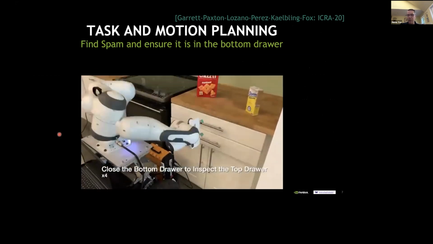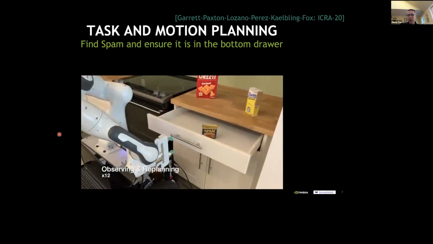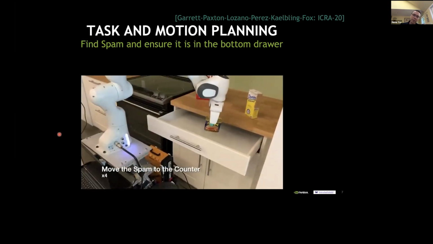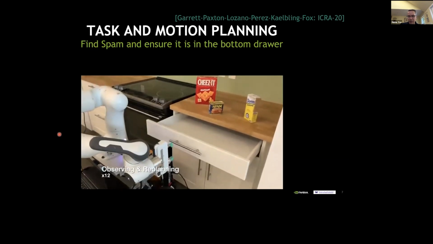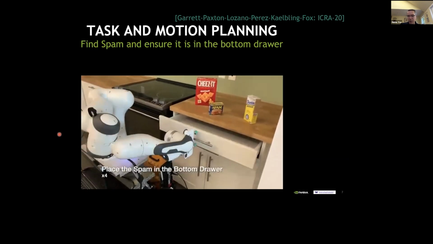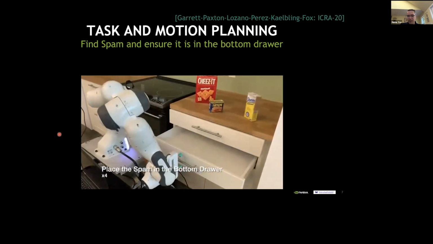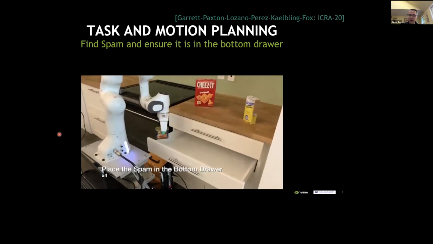And again, now with this good state estimation system, we can execute them in the real world pretty well. So the robot first opened the lower drawer, saw that there's no Spam box in there, now opened the upper one, gets the Spam out, closes it, and then puts it into the lower drawer. Okay, so these TAMP systems are extremely well suited for these longer-term tasks, and we can now leverage that in the real world.